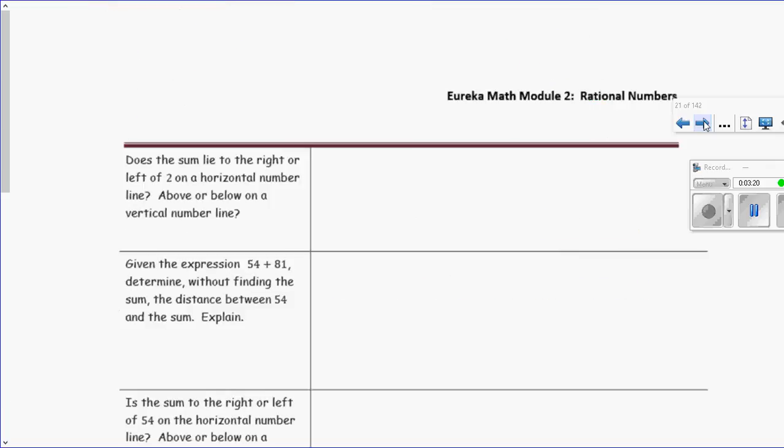Does the sum lie to the right or left of 2 on a horizontal number line? Above or below on a vertical number line? All right, so for this one, for 2 plus 4, this 4 right here is above, to the right of 2.